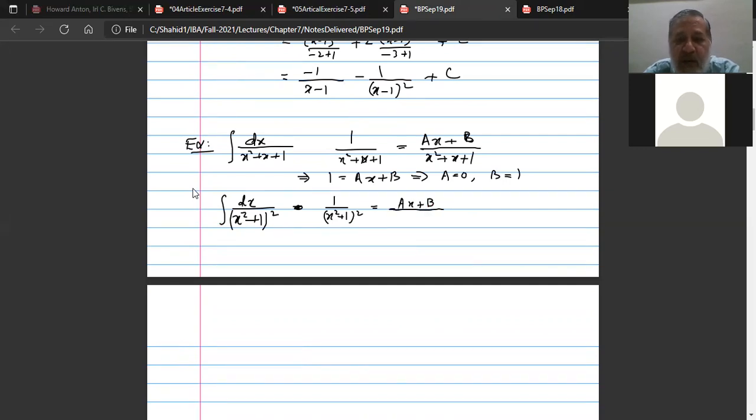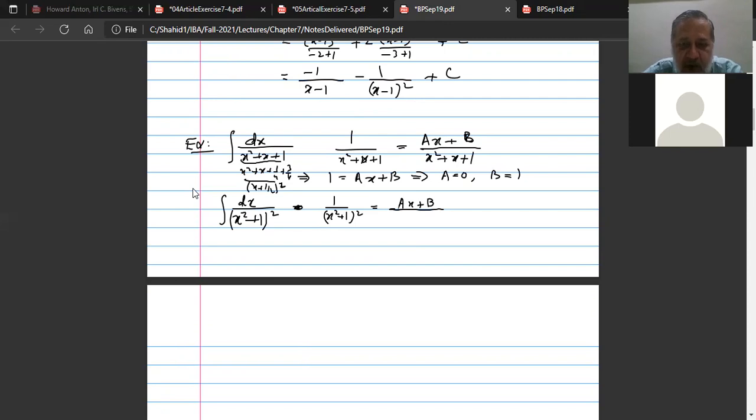Oh, by the way, when I said that nothing can be done here, you should remember that this kind of thing was handled by completing squares. x square plus x plus 1 by 4 plus 3 by 4 and this becomes a whole square. So it is not necessary that every kind of rational function we deal with by partial fractions. So this becomes x plus 1 by 2 whole square, variable squared plus constant squared, and you'll go for the substitution of x plus half is equal to a tangent theta.